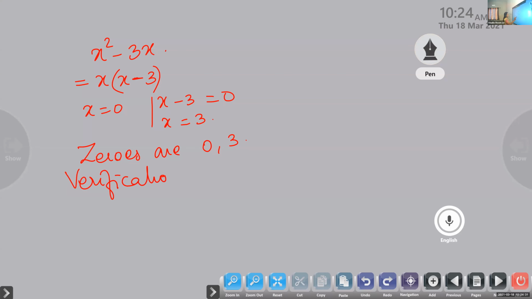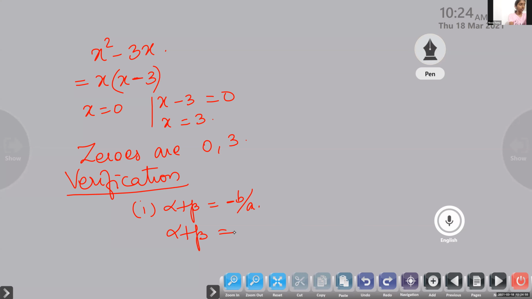Verification. What is the first one you have to verify, Lolita? Alpha plus beta is equal to negative b by a. Now find out what is alpha plus beta. Nizia, what is alpha plus beta? Alpha is 0, beta is 3.